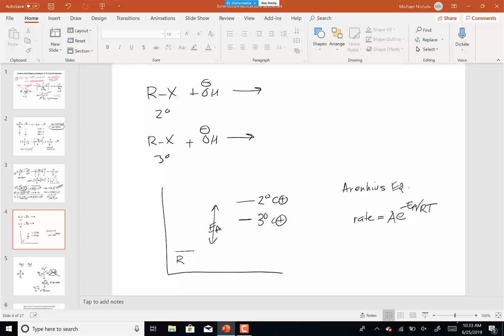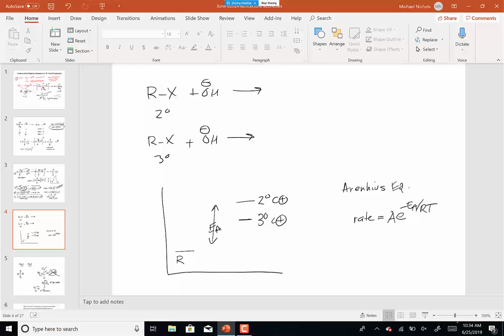So the temperature and the activation energy play a role in the rate. Right? This is General Chemistry 101, maybe 102. So what do we know about temperature? If you want the rate to go faster, what do you do to the temperature? Increase it, right? Why do we put stuff in the fridge? To slow the reactions of decomposition of the food down by lowering the temperature. So why is that? Because of this math.